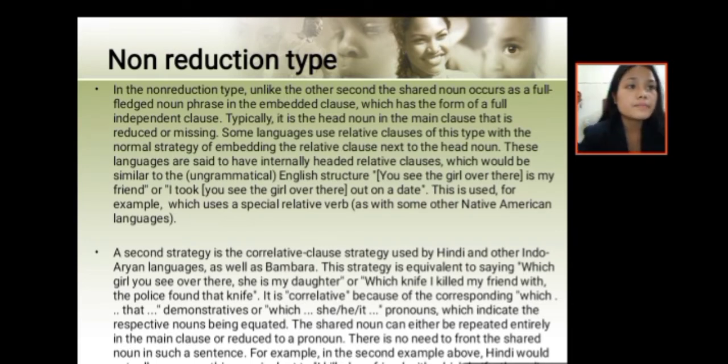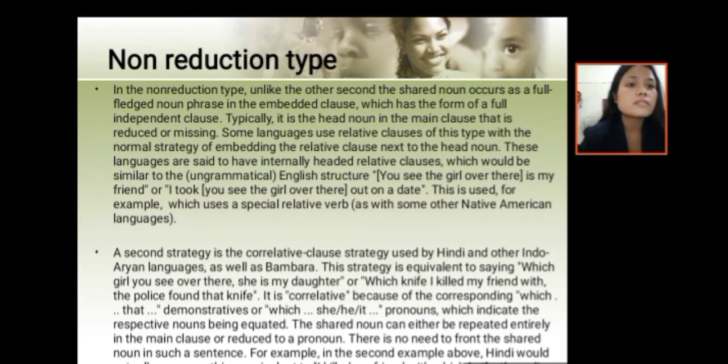A second strategy is the correlative clause strategy, used by Hindi and other Indo-Aryan languages as well as Bambara. This strategy is equivalent to saying, which girl you see over there?